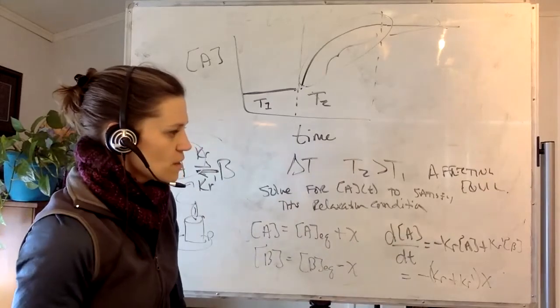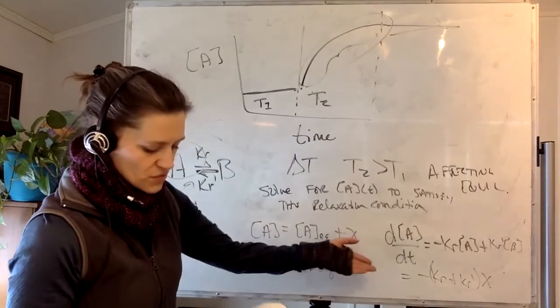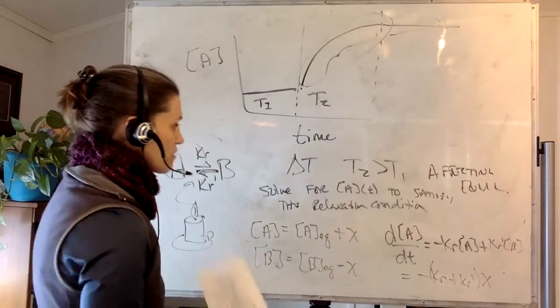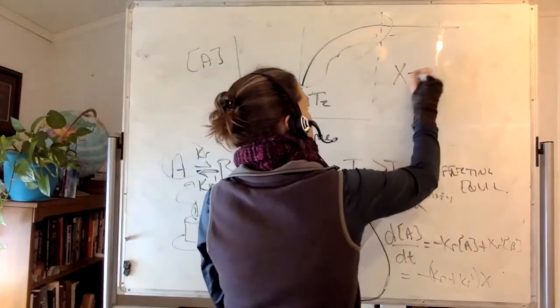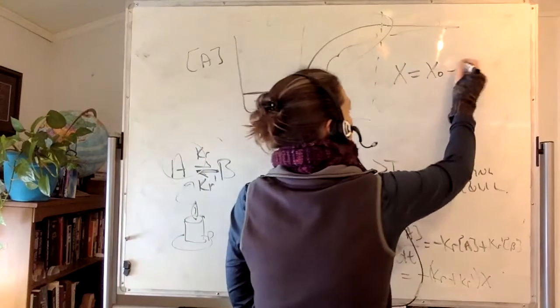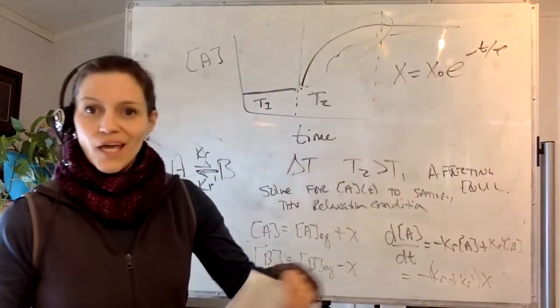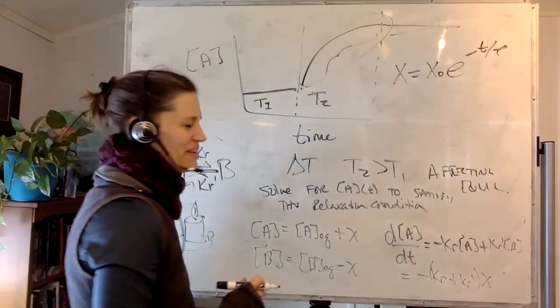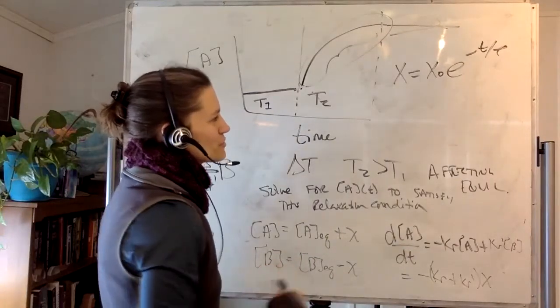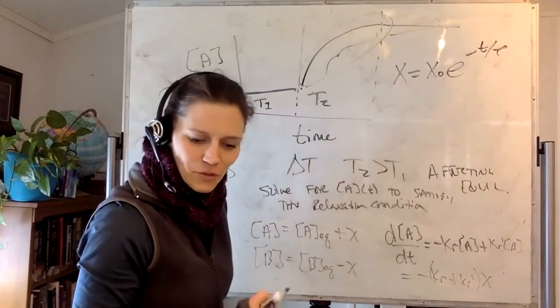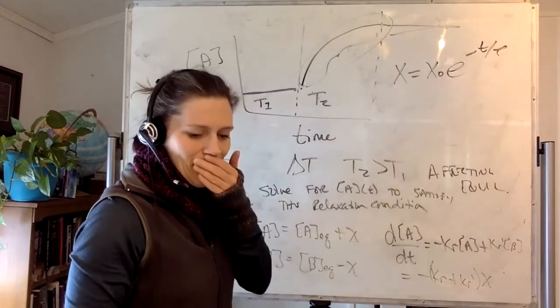Okay, so the goal is to find the function that satisfies this equation, and we find that function, that X is equal to X0 e to the minus t over tau. What the hell is tau? Okay, so first of all, don't worry about what the X and X0 are. They can be related.